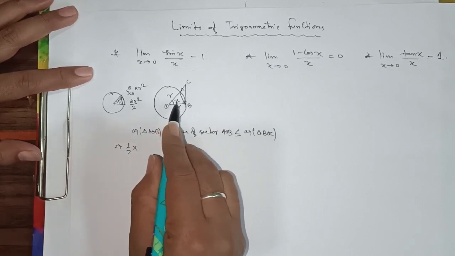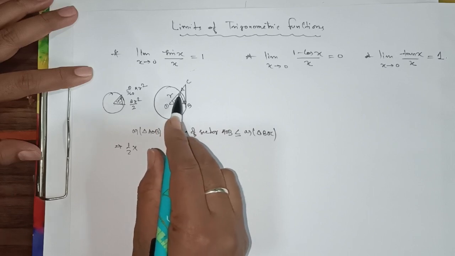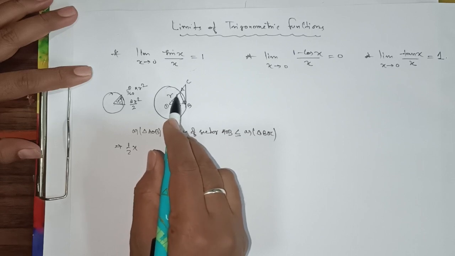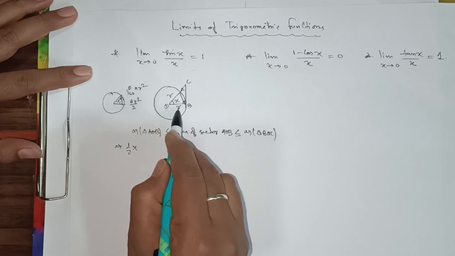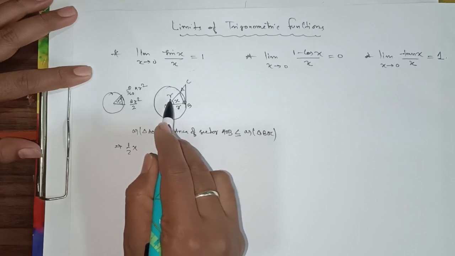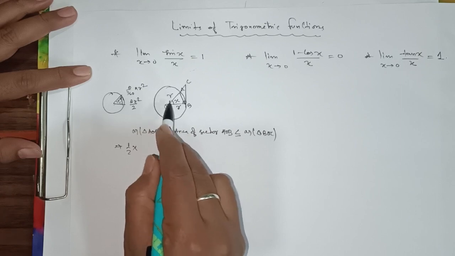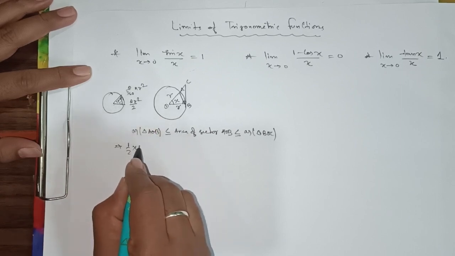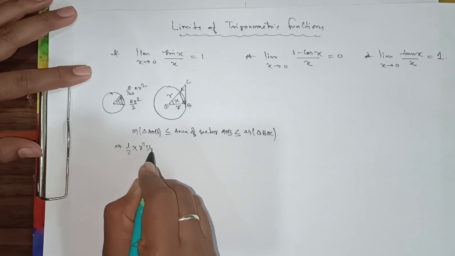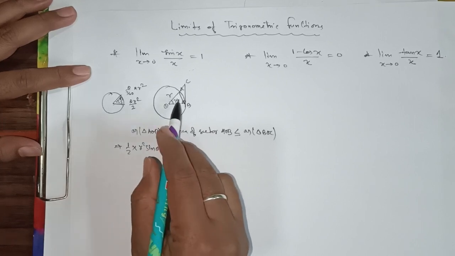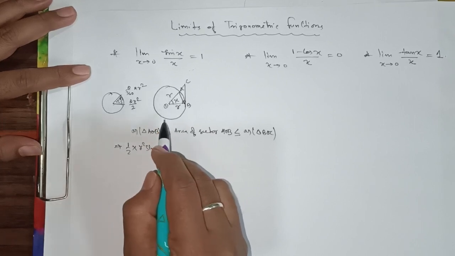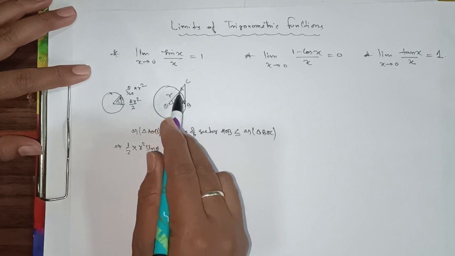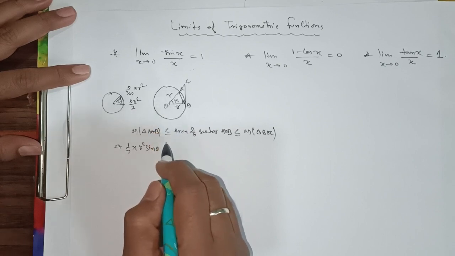Already we have seen in class 10, we have already proved, as it is an isosceles triangle, we'll get half r square sine theta. Already we have proved this one. We have a video for this, how to find the area of triangle AOB.